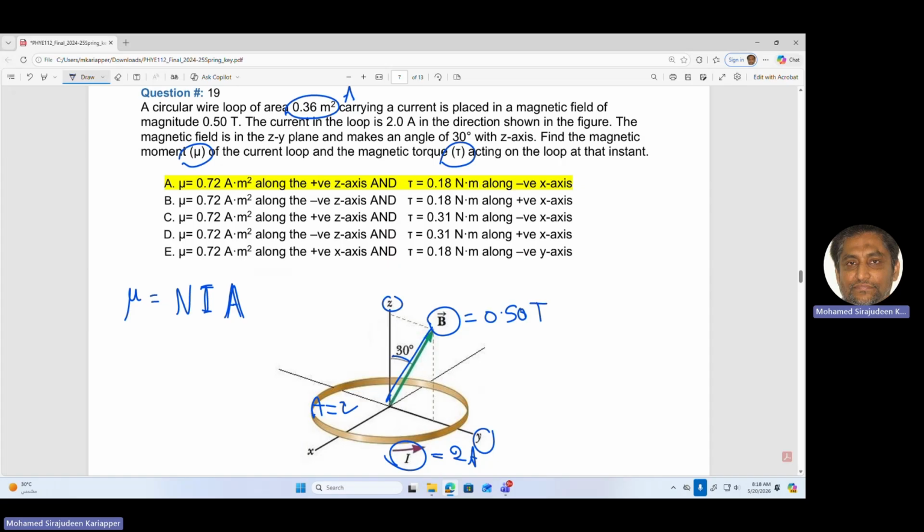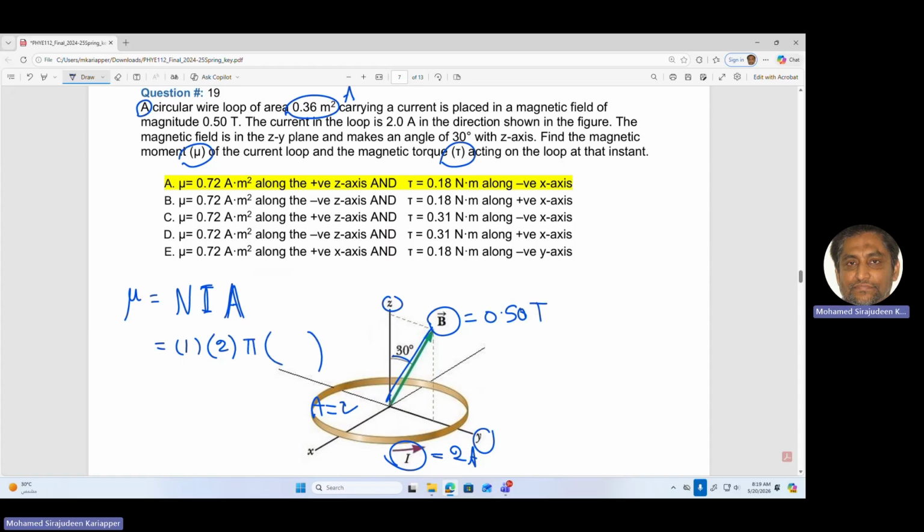A single loop means N is equal to 1. I is 2 amperes. Area: what is the formula for the area of a circle? It's a circular loop, so pi r squared.